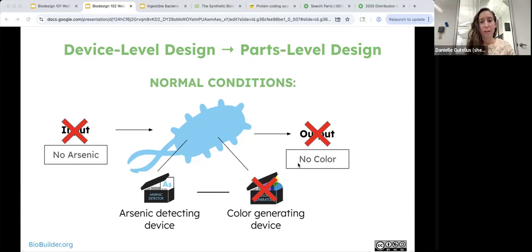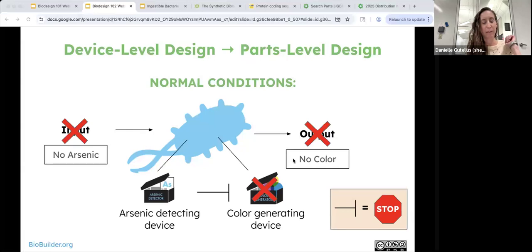Okay. So if you want your output generating device to be turned on in the presence of your input, you need your other device to be turning off that output. Okay. I'm going to say that a few times in a few different ways because that's a little confusing.